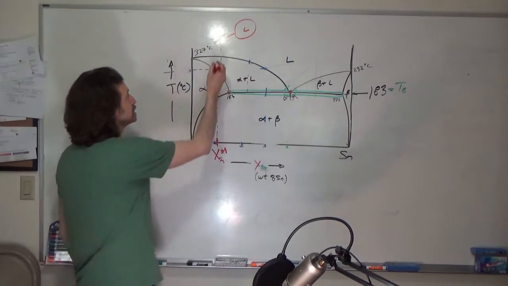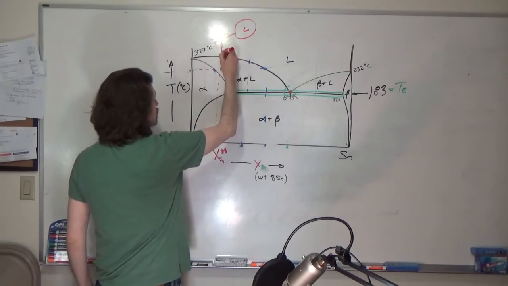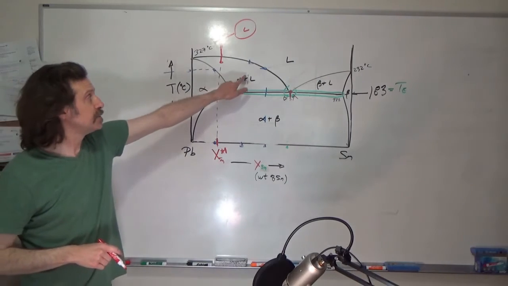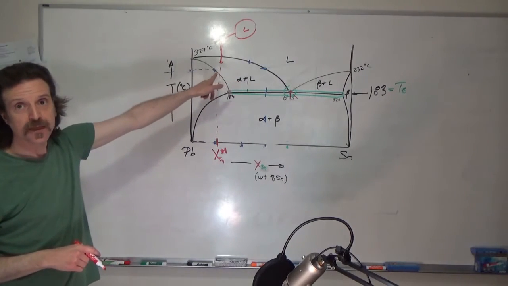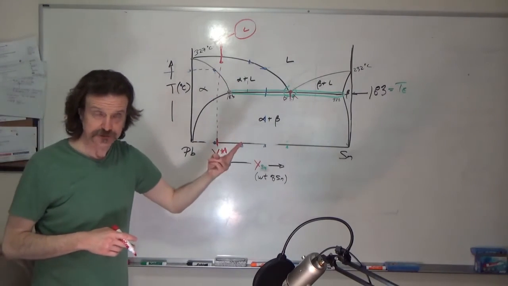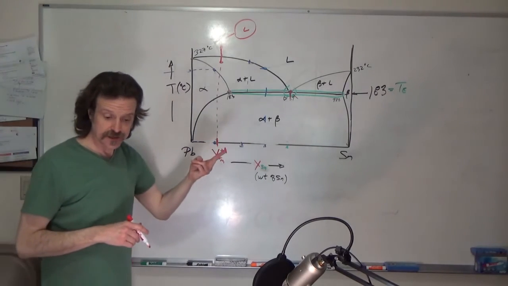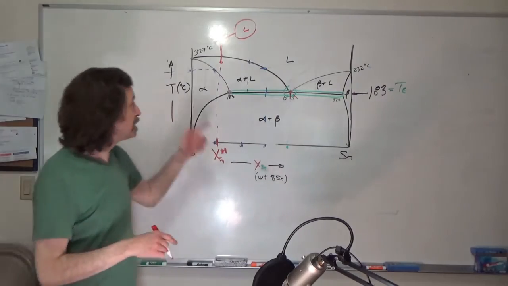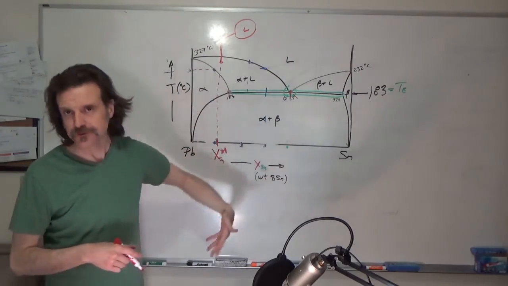We cool down, we cross the liquidus, we're in the two-phase region, alpha plus liquid, and because there's two phases, we can identify the phase fraction in the compositions by drawing a tie line and so on and so forth.